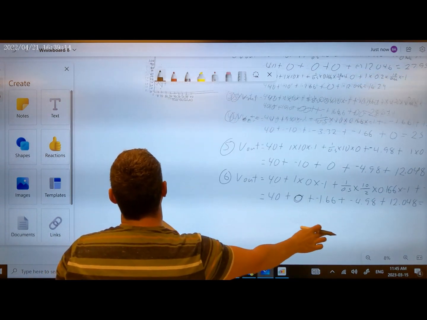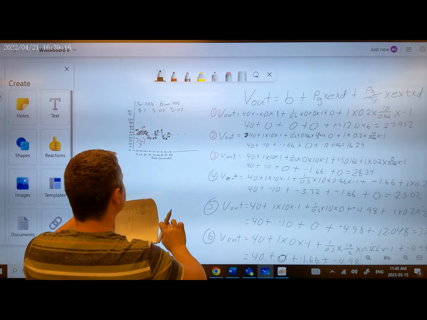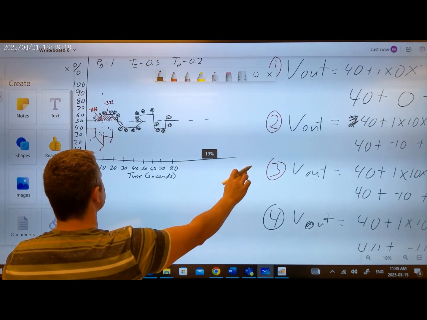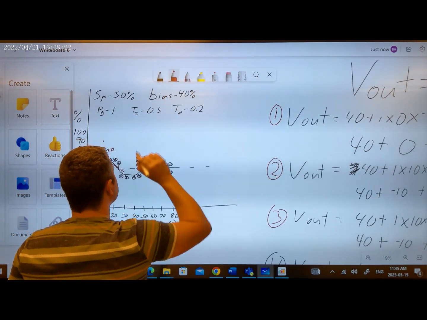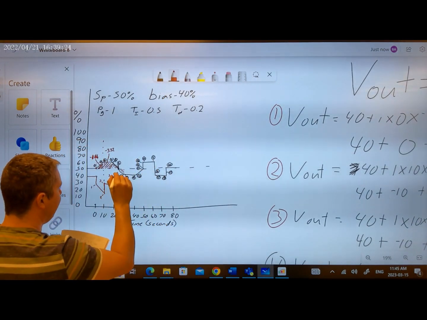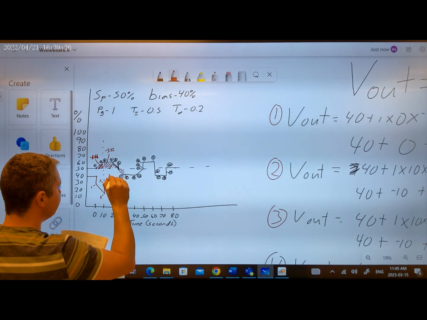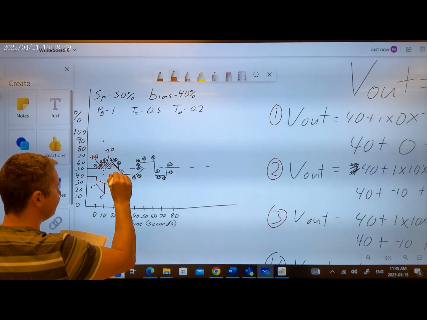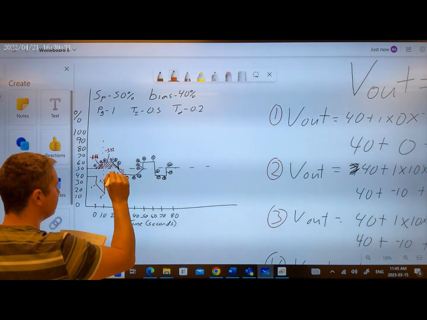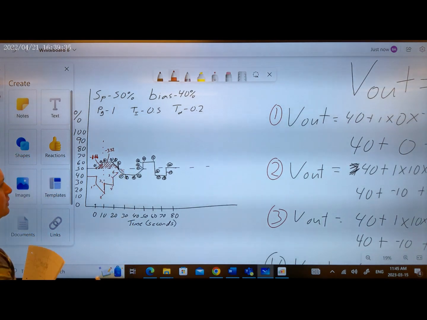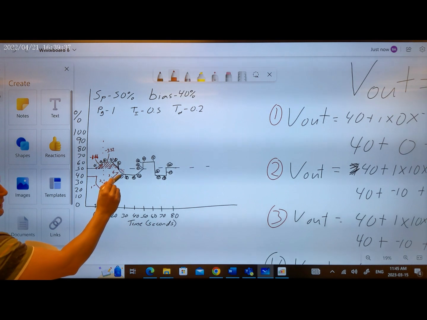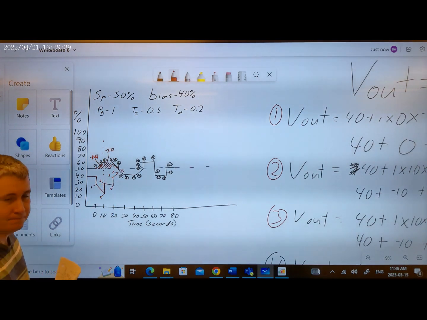So now we're going to get 45.42. That's at 0.6. So now we're going to carry on, and we're going to end up at 0.7.